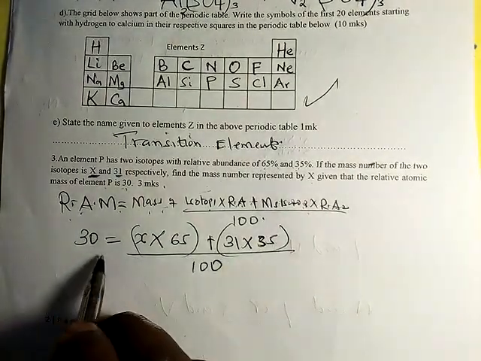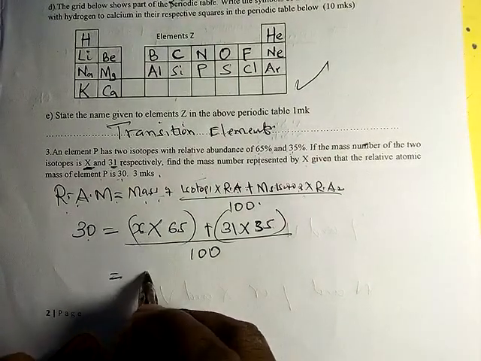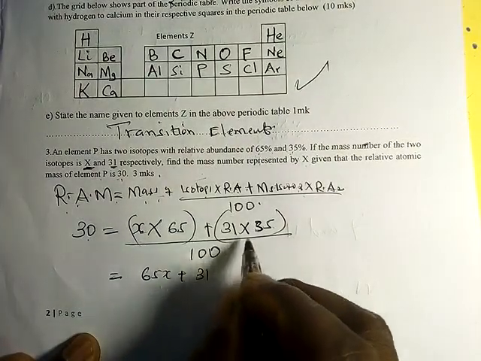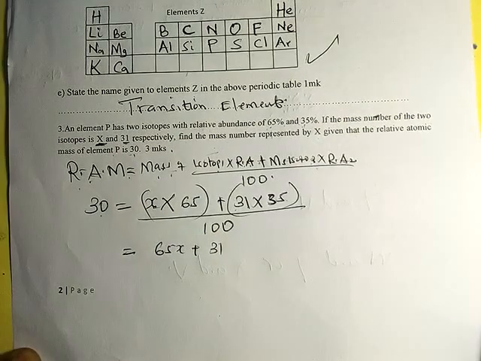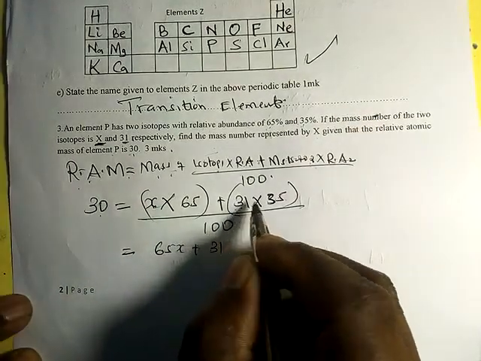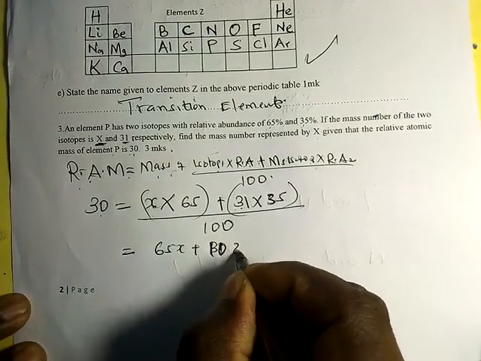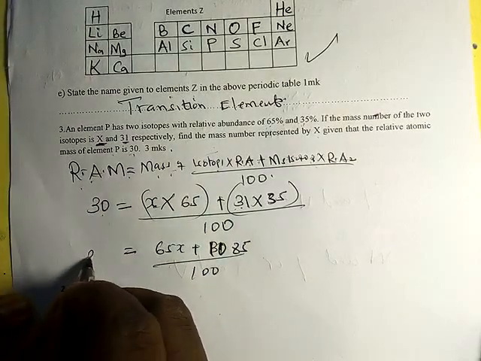So this times this will give us 65x plus 31 times 35. Let us use the calculator. 31 times 35 will give us 1085, divided by 100, and the answer is 30.